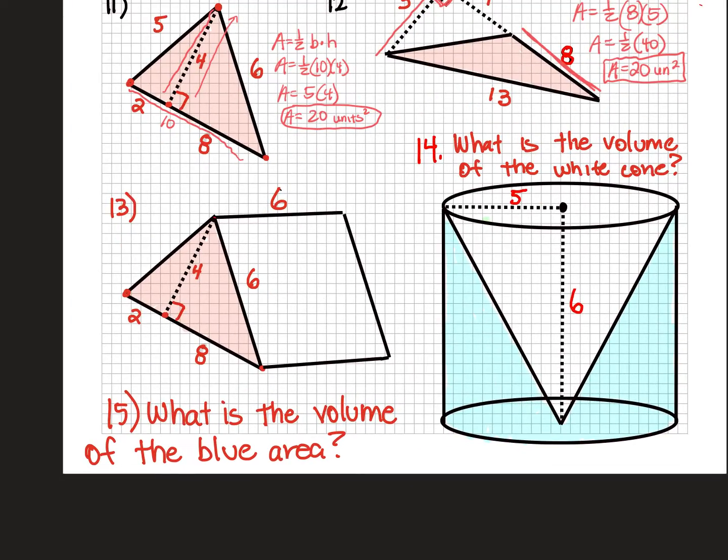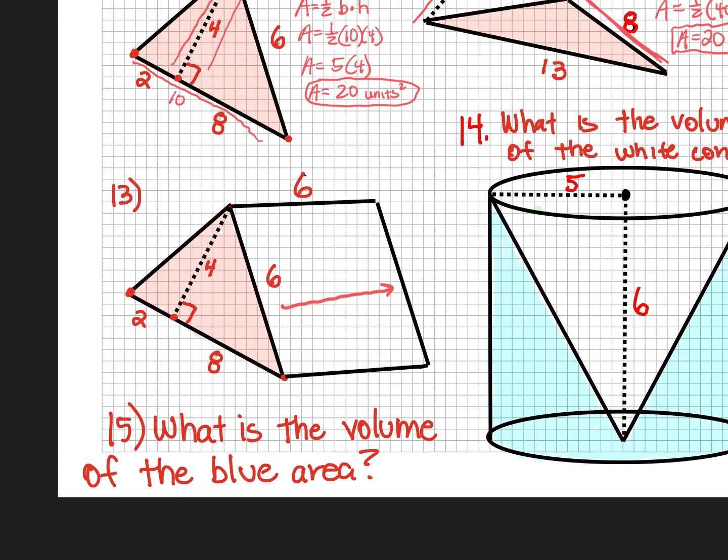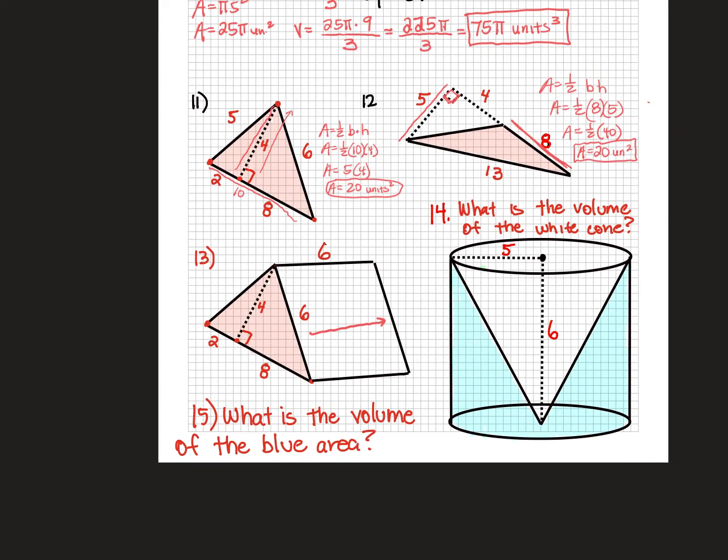Okay, let's figure out the triangle over here. Triangle first, and then we're going to stretch it this way because it's a prism. Oh, I used the same triangle from up here. So we said that was 20 units squared.